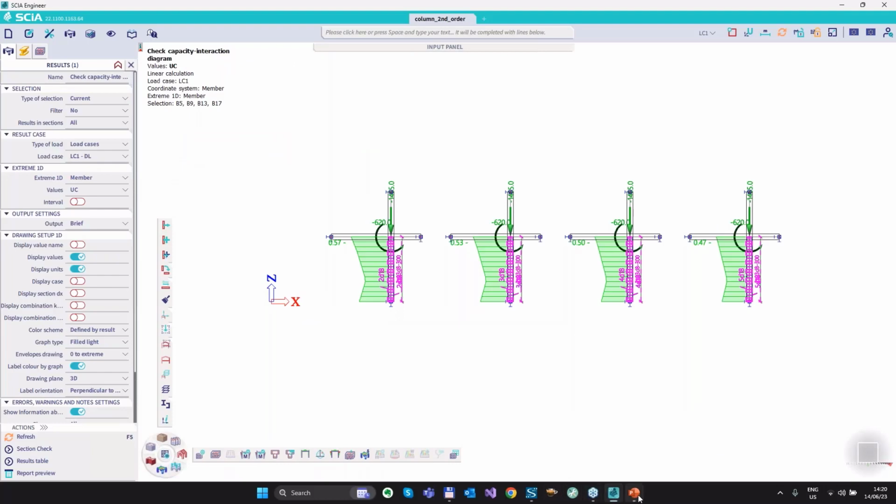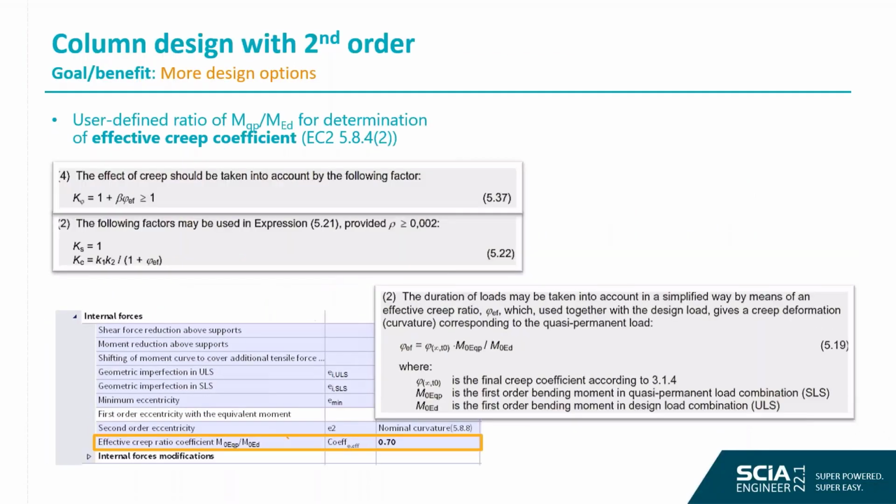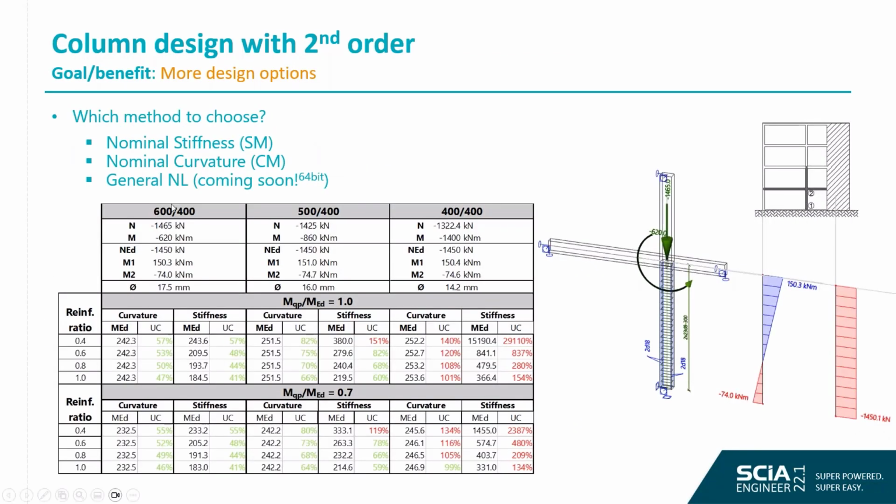On the other hand, you see that for the opposite case, where we have big cross-section, which is highly reinforced, then the stiffness method is maybe better option, and in this case the curvature method is much more conservative.